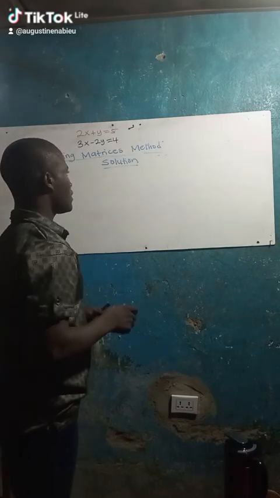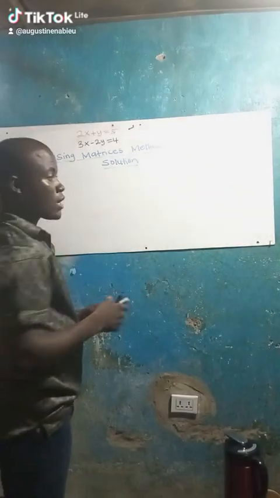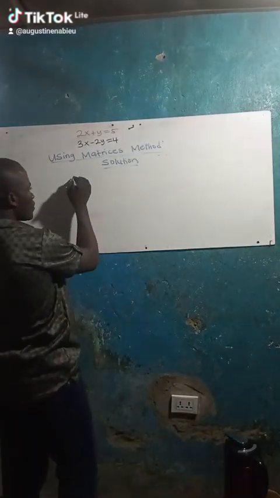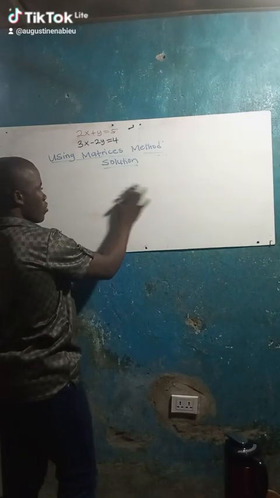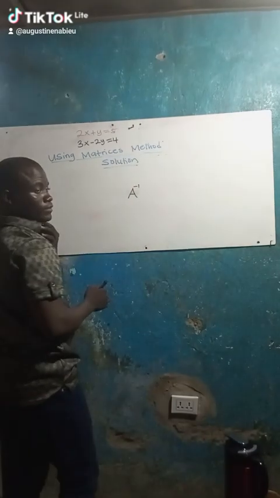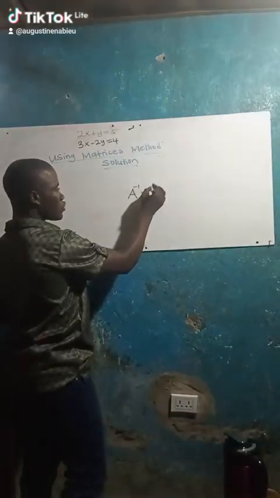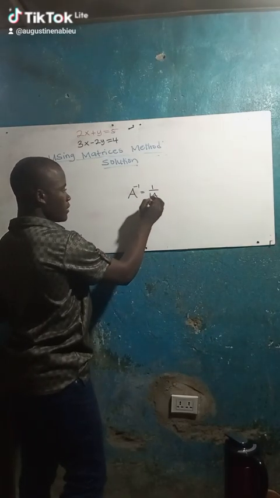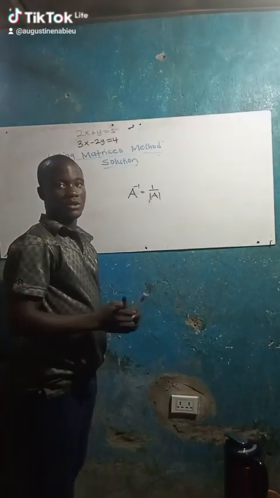Using matrices to solve the system of linear equations in two variables. We are first going to find the inverse, a raised to the power minus 1, which will be equal to 1 over a times the adjoint of this matrix.